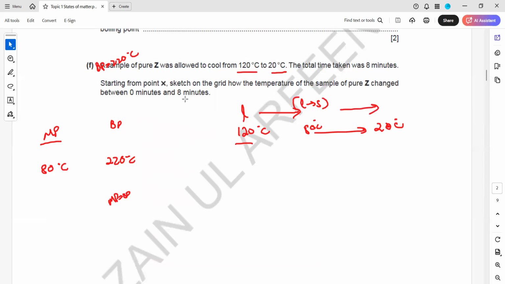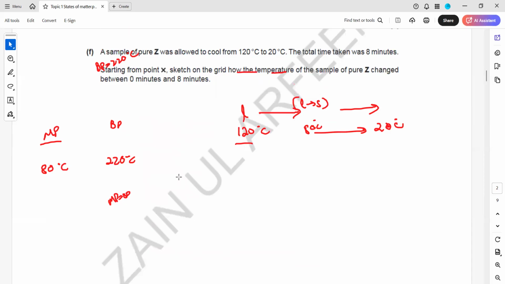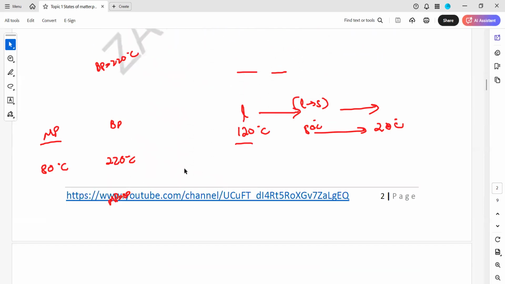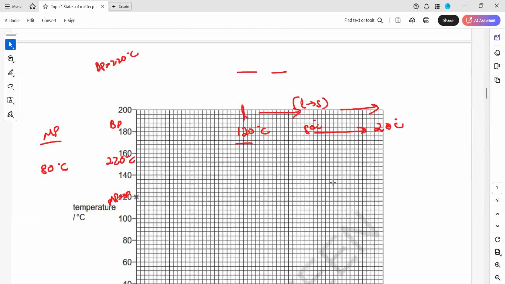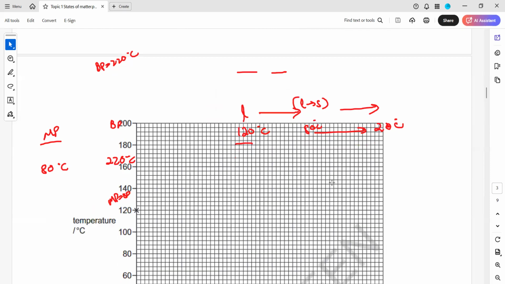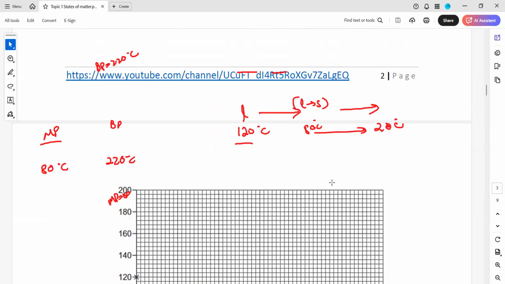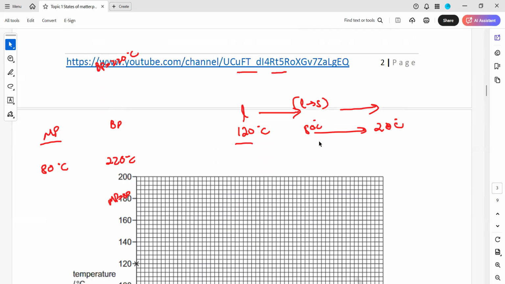Sir, at the temperature of 120 degrees Celsius, can you also say that it's in the form of gas? At 120? Yeah, because it's turning from liquid to gas. No, it's not. It will turn from liquid to gas at 220 because the boiling point is 220.